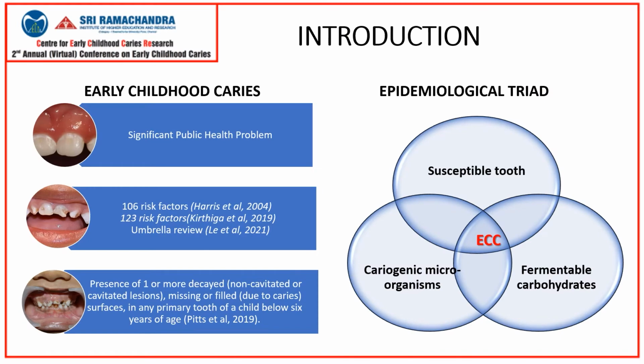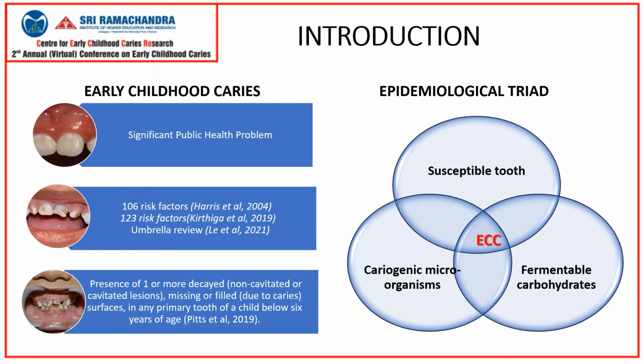Early childhood caries, as we all know, is a significant public health problem globally. Harris et al. in 2004 had reported about 106 risk factors, while Kirtika et al. in 2019 had reported 123 risk factors, where an umbrella review by Lee et al. in 2021 has reported the most significant risk factors for early childhood caries.